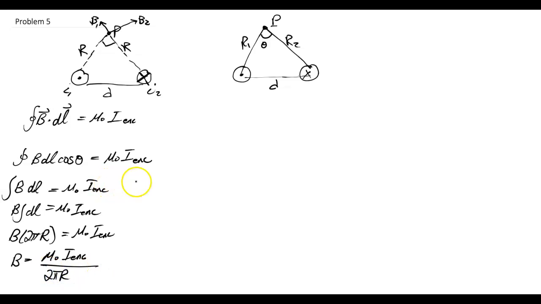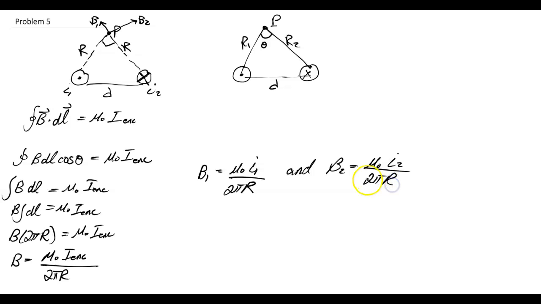And now we can say that B1 is going to be mu naught I1 over 2 pi r, and similarly B2 would equal mu naught I2 over 2 pi r.